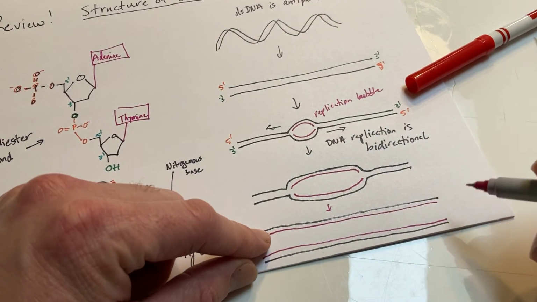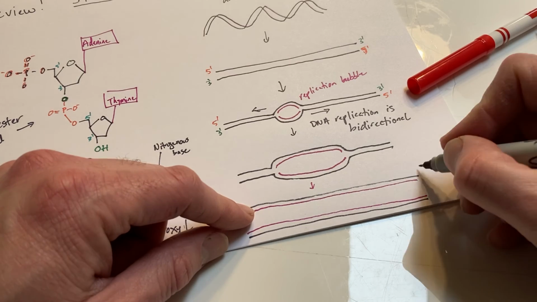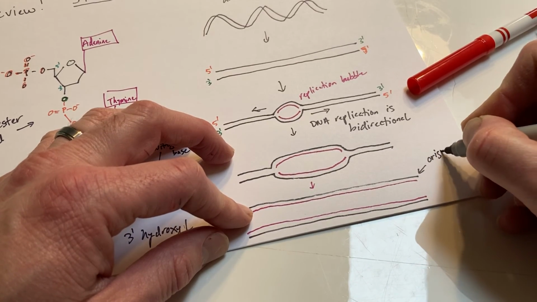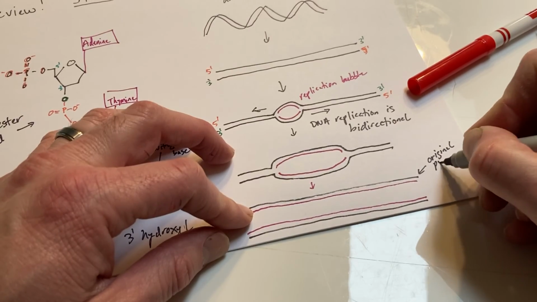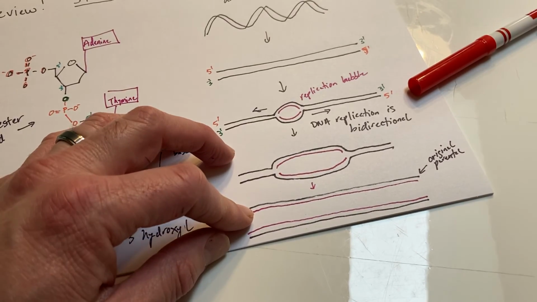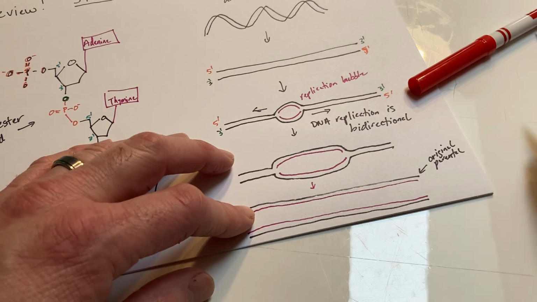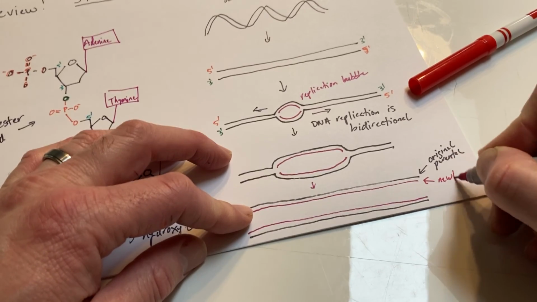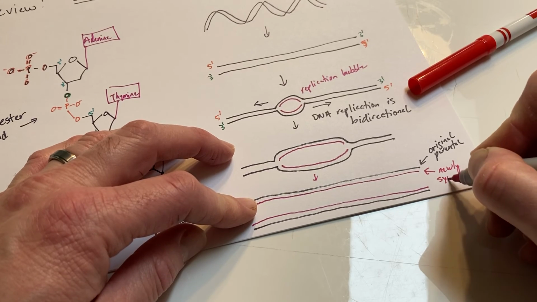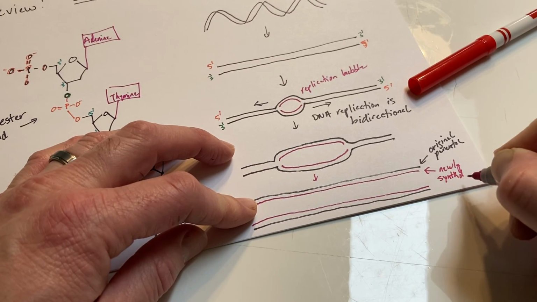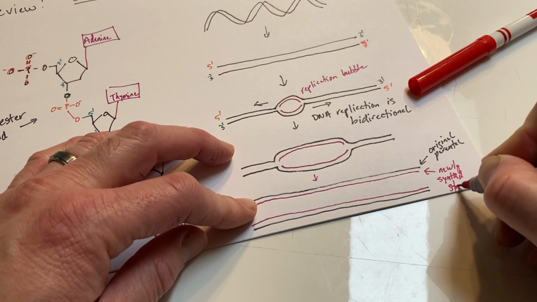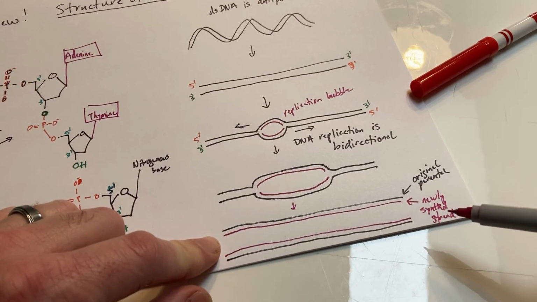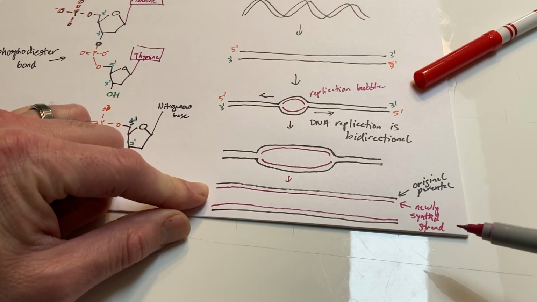We have two copies, okay? So let's put right here, this black is the OG, the original parental strand. And in purple is the newly synthesized strand. Boy, my penmanship is not on point today, all right?